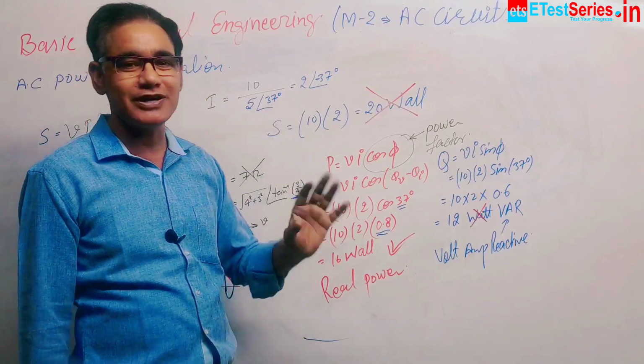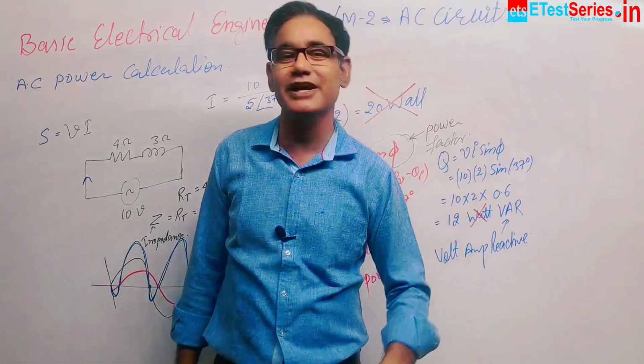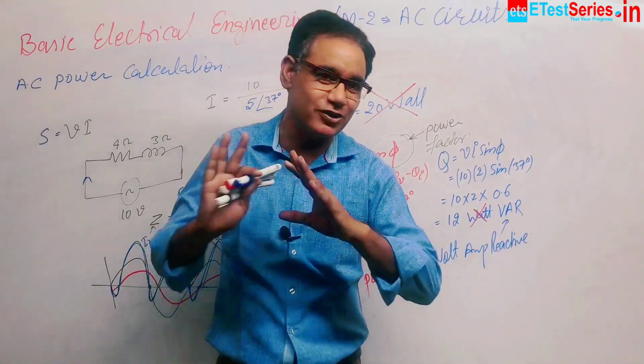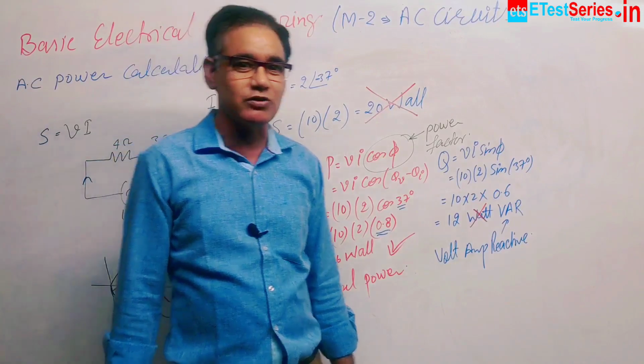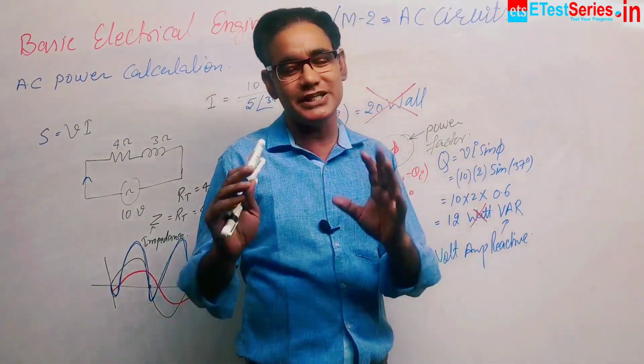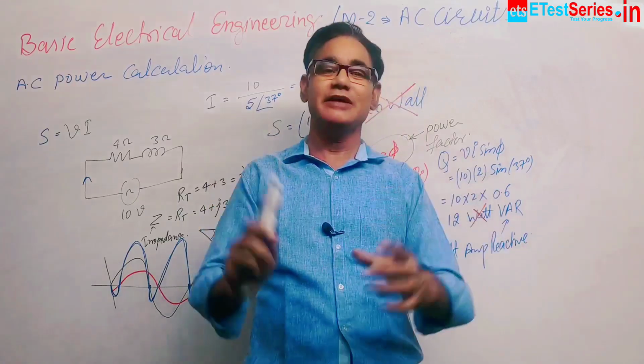In DC, the power calculation is voltage into current only. But in AC, the power calculation formula is totally different from DC. So in AC, power has two types, and in fact three types.